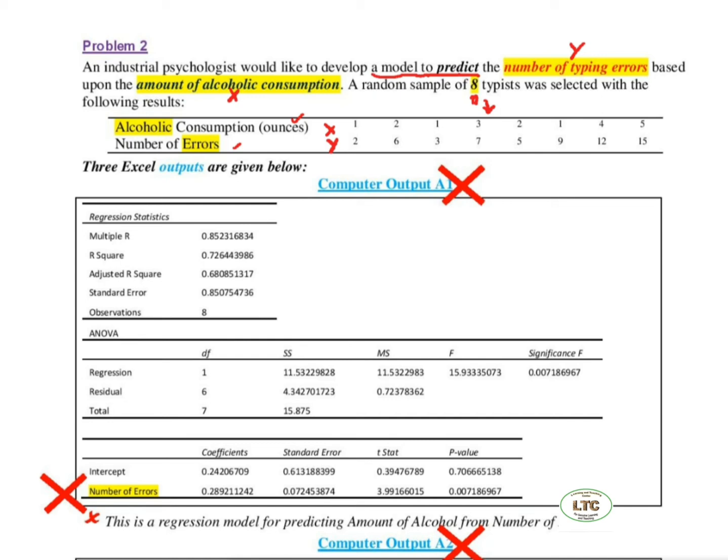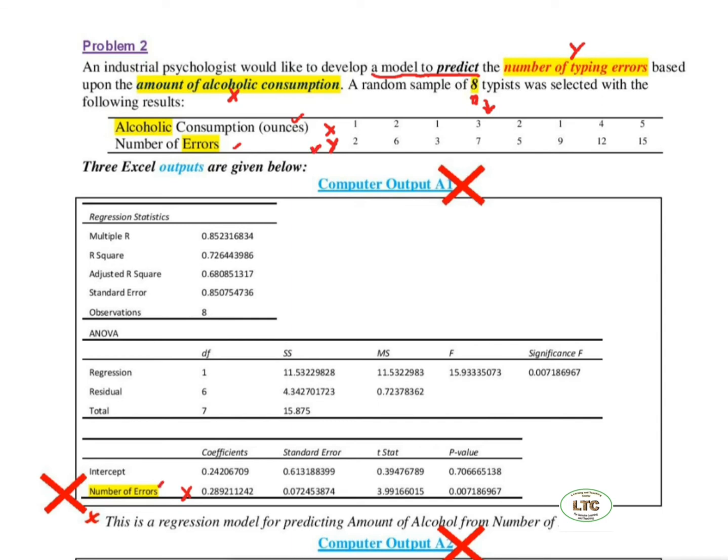Go with the output. This output is a false output. Why? Because here the yellow mark, you can see number of errors. Here in this last 2-row table, in this position you must see x, but now you see y. This is y in the problem.